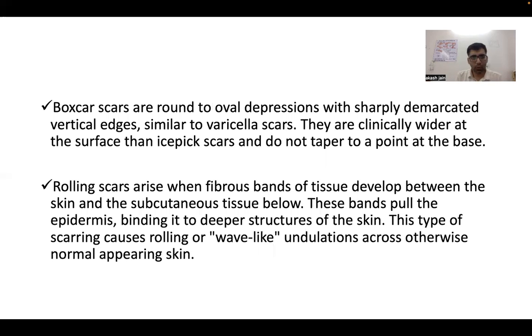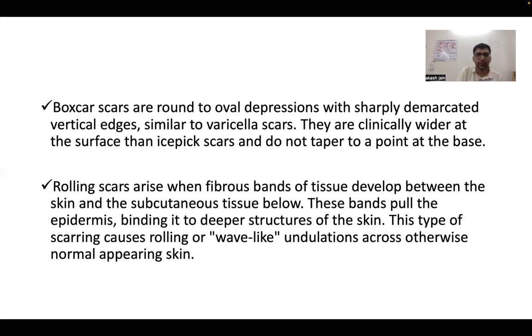Third type is box scars. They are round to oval depressions with sharply demarcated vertical edges, similar to varicella or chickenpox scars. They are clinically wider at the surface than ice pick scars and do not taper to a point at the base. The next type is rolling scars.